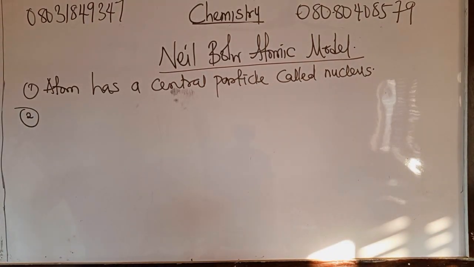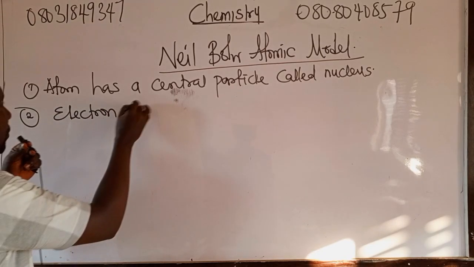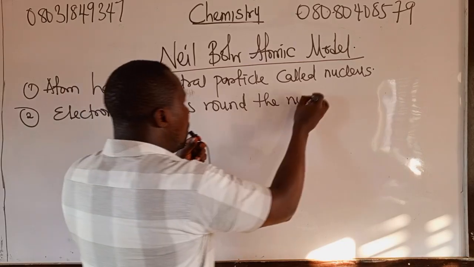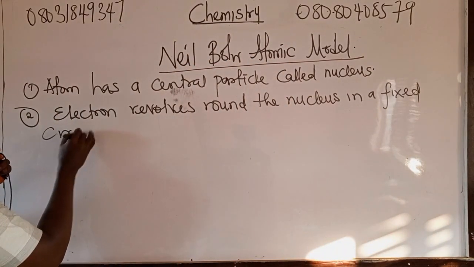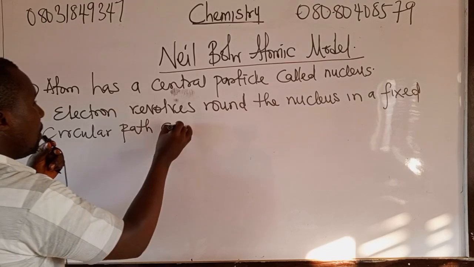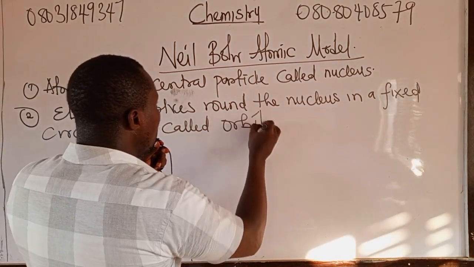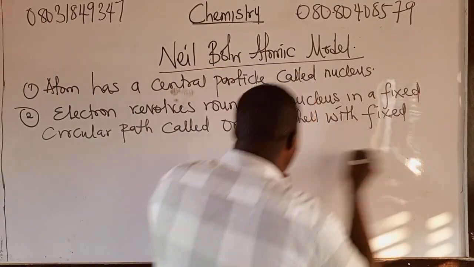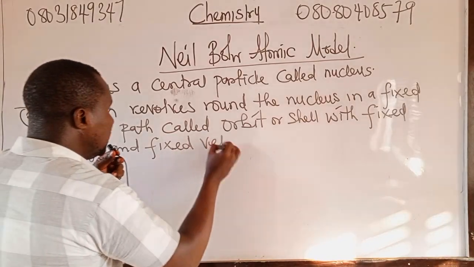The second one. He said electron revolves around the nucleus in a fixed circular path called orbit or shell, with fixed energy and fixed velocity.